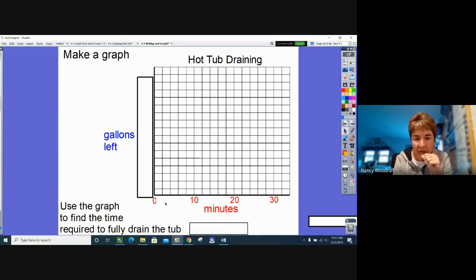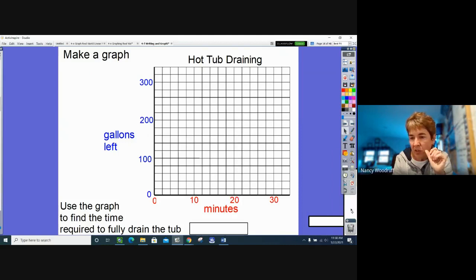Now, you can write in the 2, the 4, the 6, the 8 if that helps you to plot things correctly. Sometimes you get so many numbers in here, it's hard to see. But every 5 blocks is 10, so every block is 2 minutes. Now, remember, I had to get up to that 266. Really, I want to get up to 300. So in order to do that, I am doing 20, 40, 60, 80, 100.